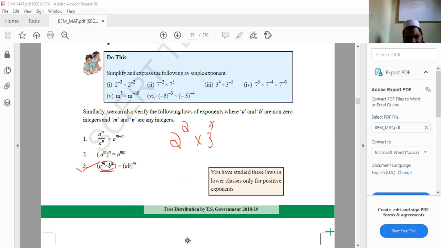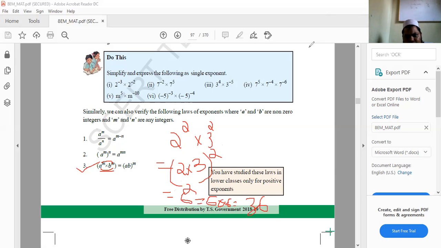Their bases are different but their exponents are the same, so we can write 2 into 3 whole to the power 2. It means 2 times 3 is 6, 6 to the power 2, which means 6 into 6 is equal to 36.